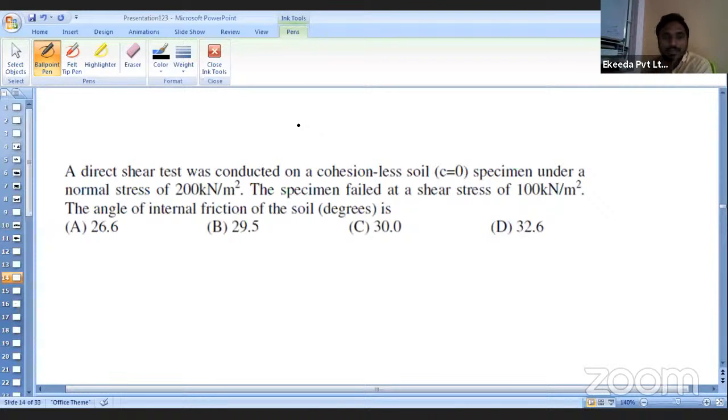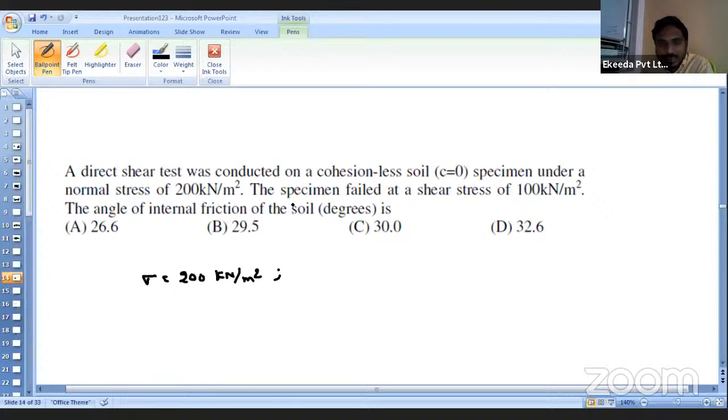now let us see a direct shear test. So here they have given that the direct shear test is conducted on a cohesionless soil. As it is a cohesionless soil, we already know, or indirectly it is given, that c will be equal to 0. A specimen under a normal stress, let us say the normal stress I am representing with sigma, sigma will be equal to 200 kilonewtons per meter square.